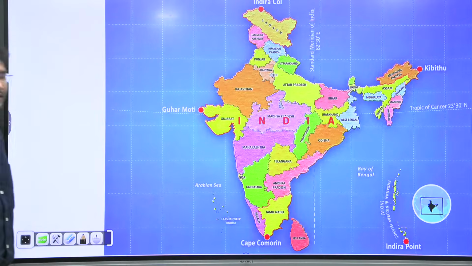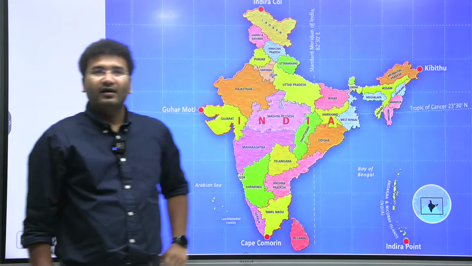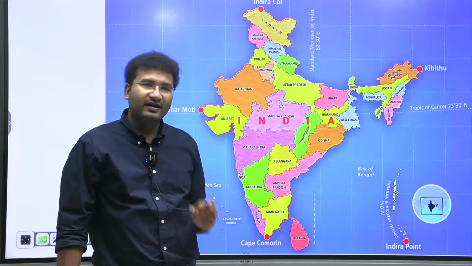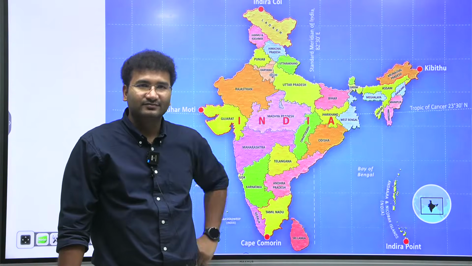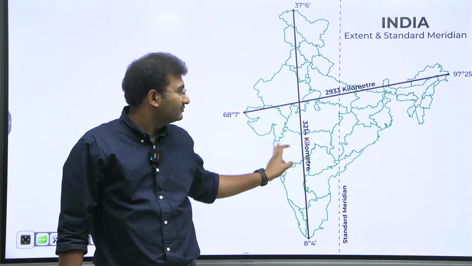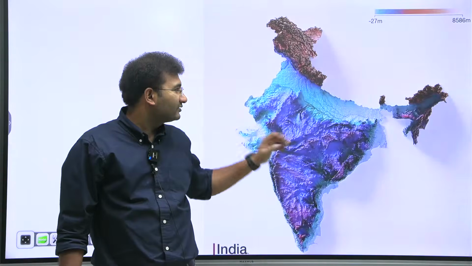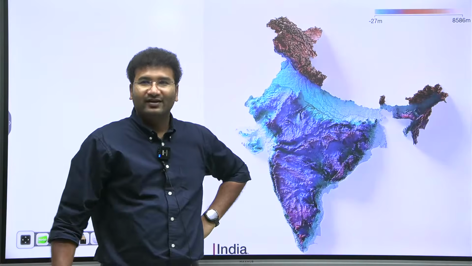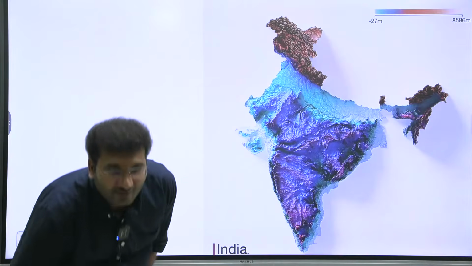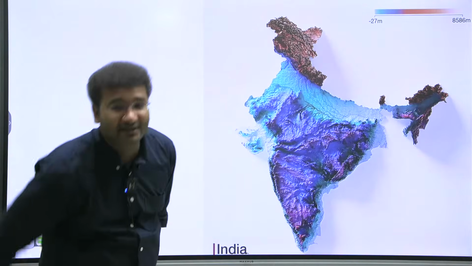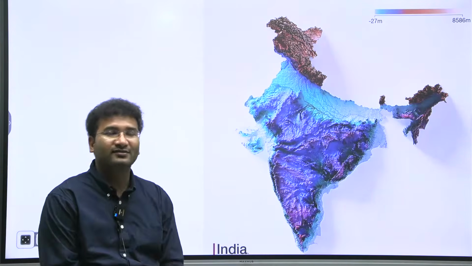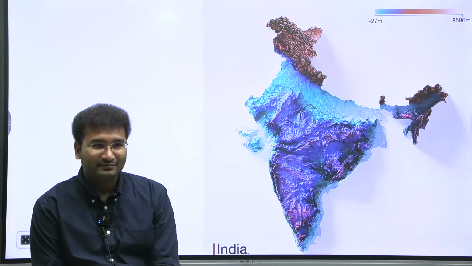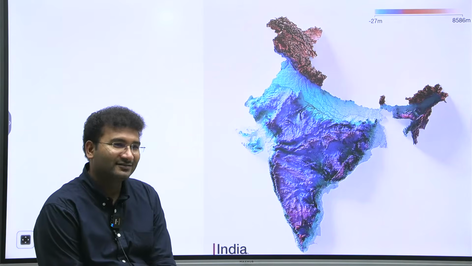Look at this and tell me, how many states in India have at least 2 international borders? Close your eyes and think and tell me now. 2, 3, 4, 5. How many states in India have at least 2 international borders? Is it a state?